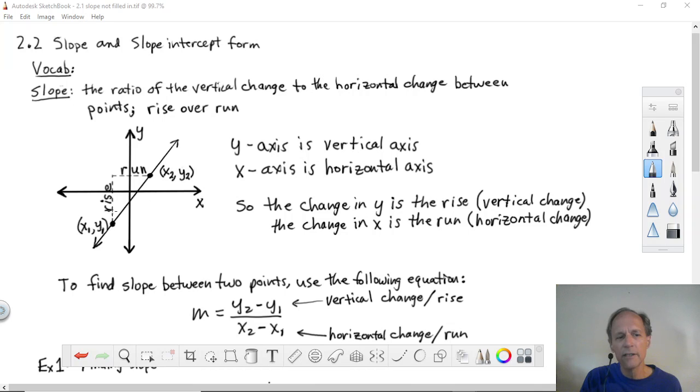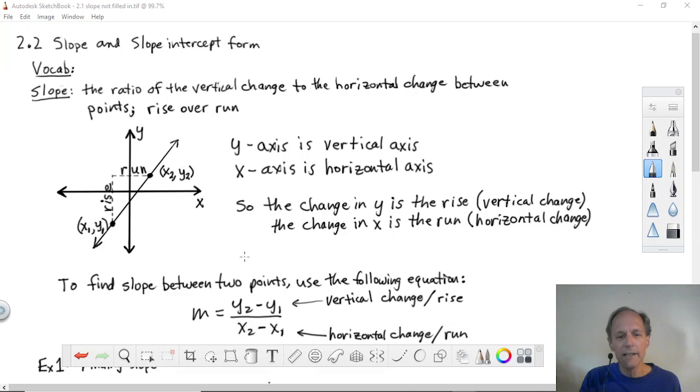How far over is it from the x coordinate of the first point to the x coordinate of the second point? How far over is that? That's the run. The rise over the run is the slope. So in words, we could call the change in y the rise, and the change in x the run. The change in y being, again, how far up are you?